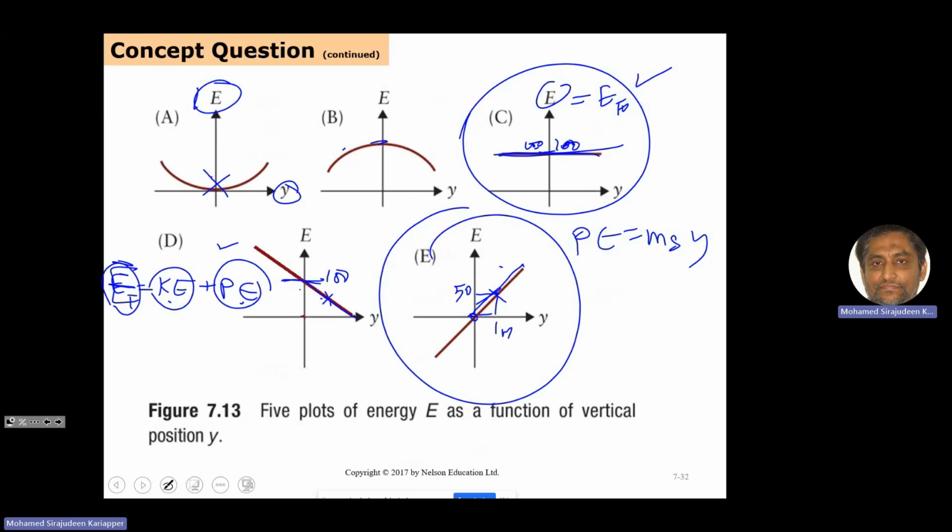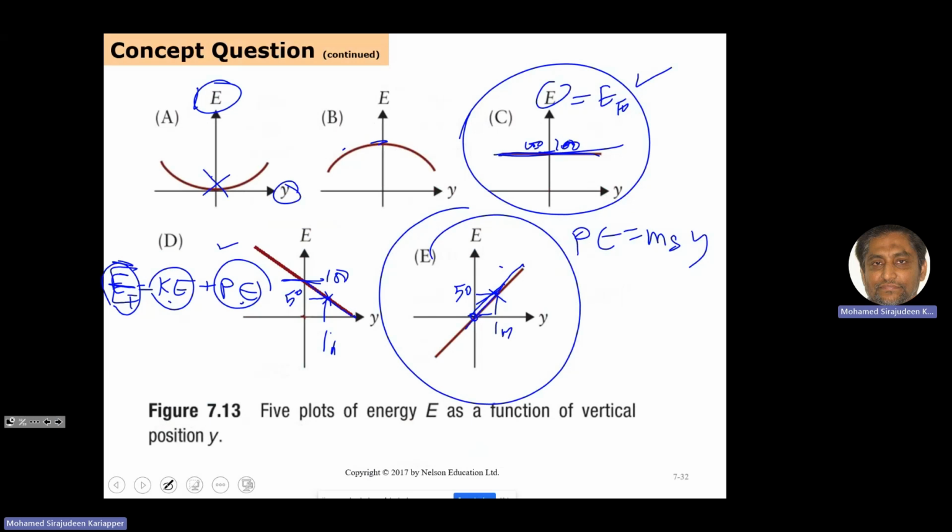So kinetic energy when it is 1 meter should also be 50. So it should reduce. As you increase the y, when the box goes up, the speed will decrease.